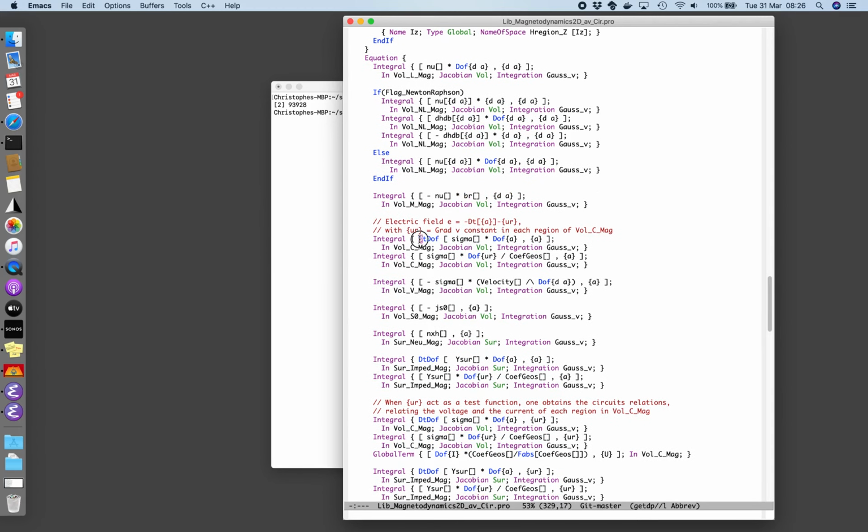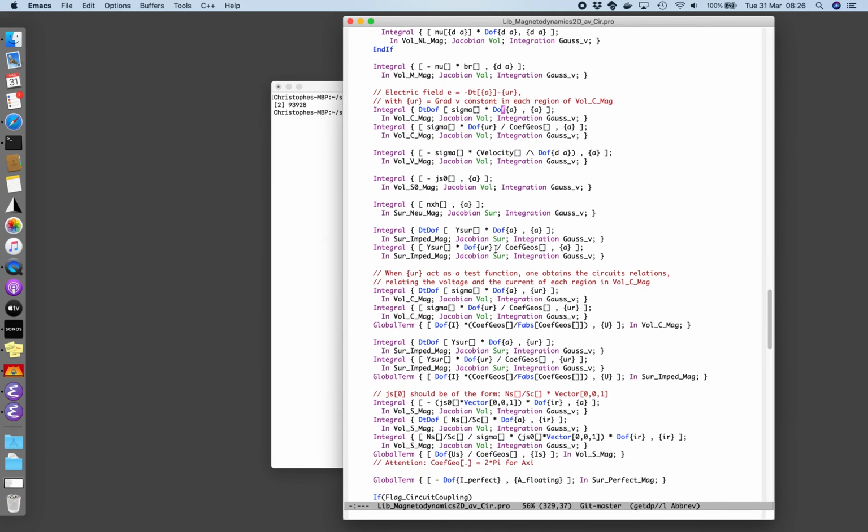Then we have the term with the time derivative in the conducting regions, etc., all the way to the terms with the global quantities, currents and voltages. All of this we can take as granted today. We made sure last week that all the terms matched with the theory. So what we're going to do today is just use this as a black box.